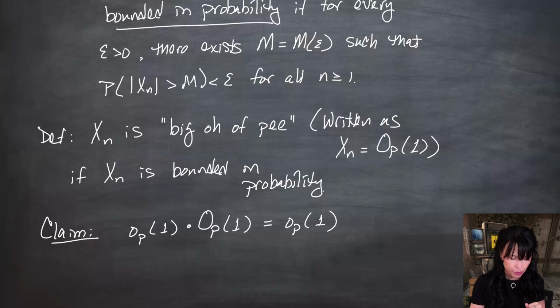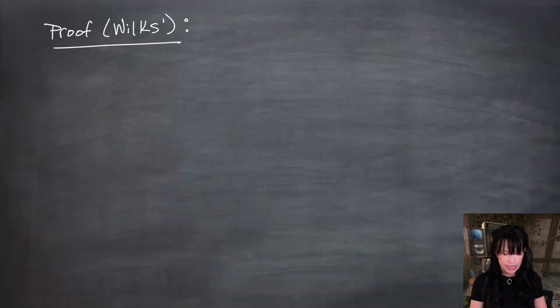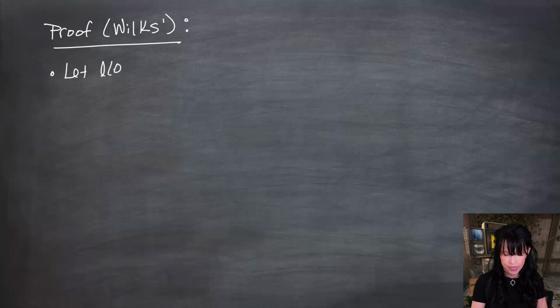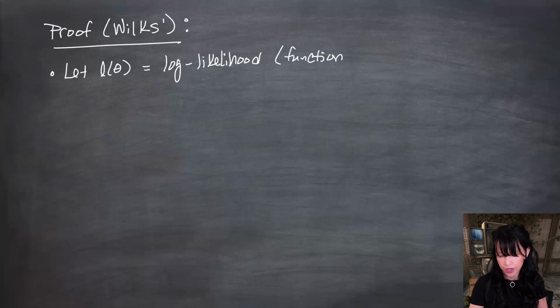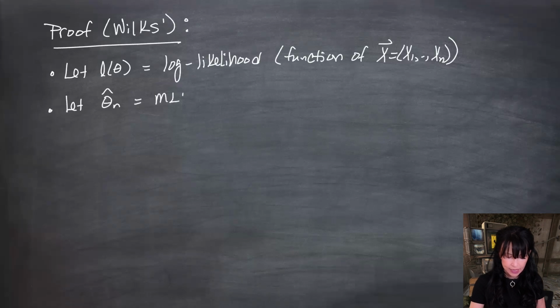Okay, so the proof of Wilks' theorem. Let's set some things up. I'm going to let lowercase l of theta be the log likelihood. This is a function of theta, but it's also a function of the random vector x1 through xn. But that notation is suppressed as usual. I'm going to let theta n hat be the MLE for theta.